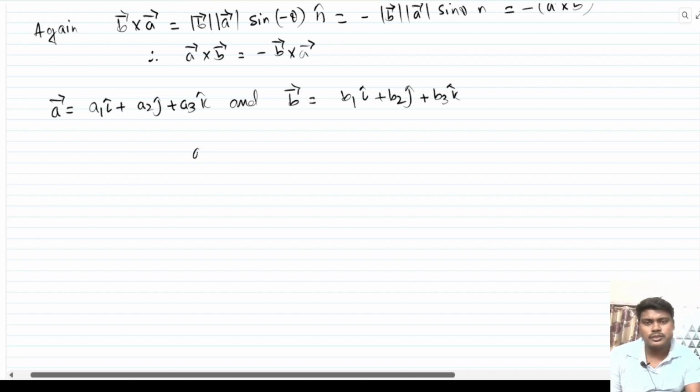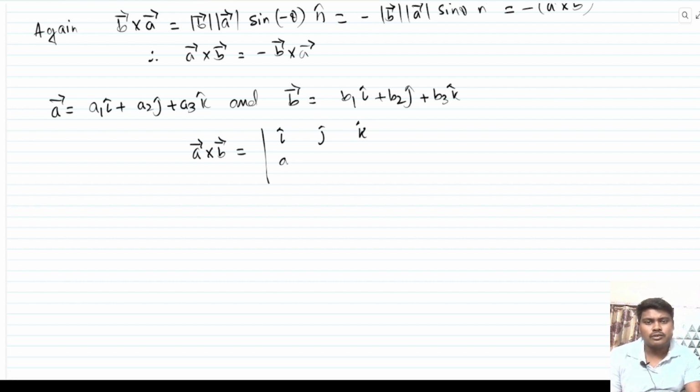Then a cross b is equal to the determinant of i cap, j cap, k cap, and we consider the components of a vector in the second row, a1, a2, a3, and the components of b vector in the third row. So using this formula, we can derive a cross b.